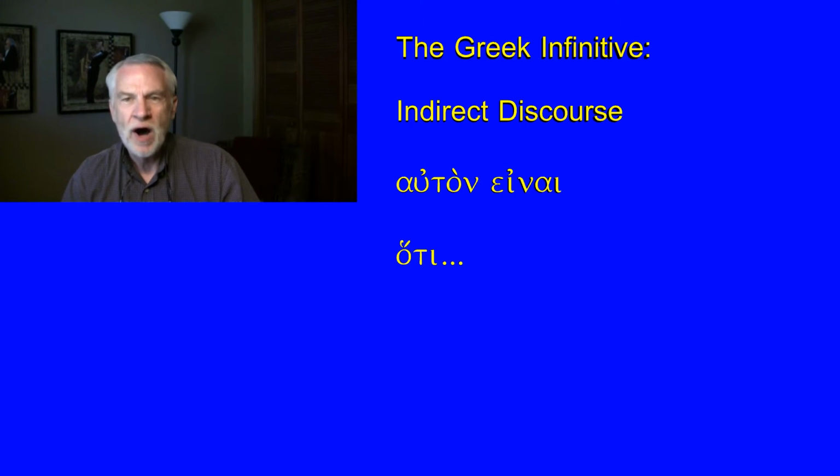I use the word was there, which is the imperfect tense, but if I were saying that in Greek, then I would actually use the present tense because the verb was present at the time that the original statement was made. If I were to say to someone, I made a cake, as in made a cake yesterday, so it was past tense at the time that I made the statement, then to report that later, someone might say, he said that he had made a cake.